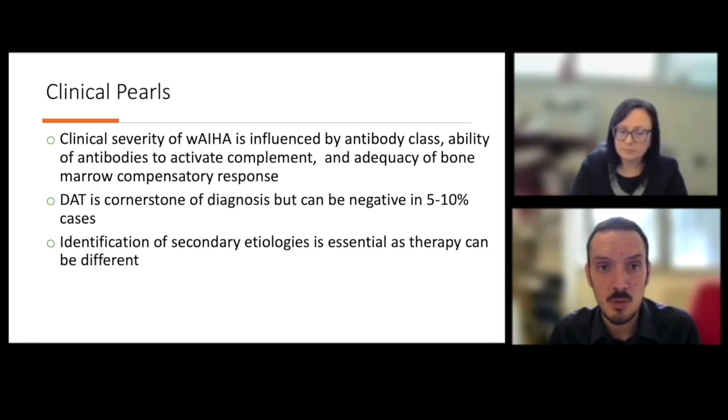The direct antiglobulin test, particularly with monospecific antisera, is the cornerstone of diagnosis, but can be negative in up to 10% of cases, requiring more sensitive methods, reference laboratories, and also the use of ex juvantibus diagnosis through steroid treatment. The identification of secondary etiologies is essential, as therapy can be different in these cases.